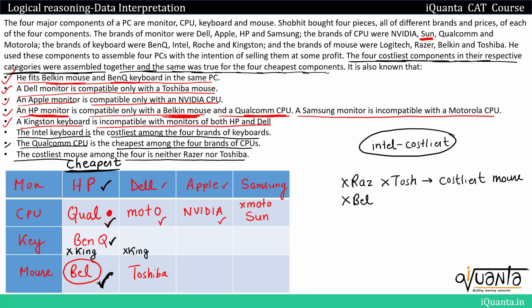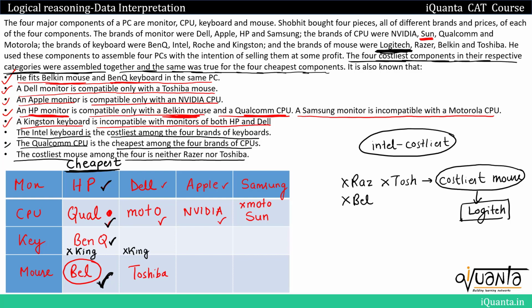So now only one mouse remains, which is the Logitech mouse. So the costliest mouse will be of Logitech. Since Razer cannot be the costliest, Toshiba cannot be the costliest, Belkin is the cheapest, only one mouse remains, which is Logitech, and it will be the costliest mouse. But we do not know where to put Logitech for now.